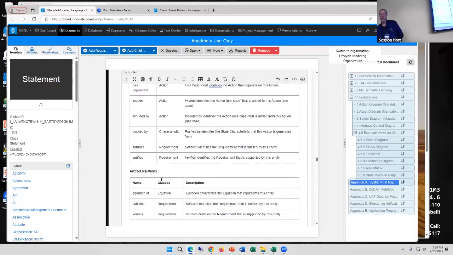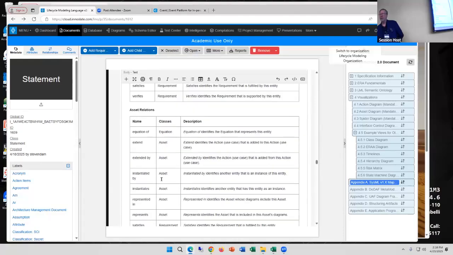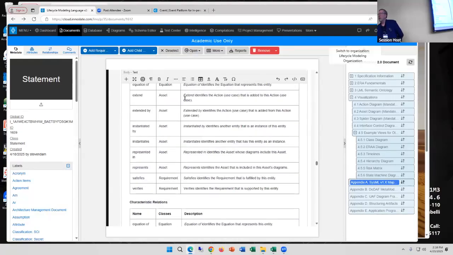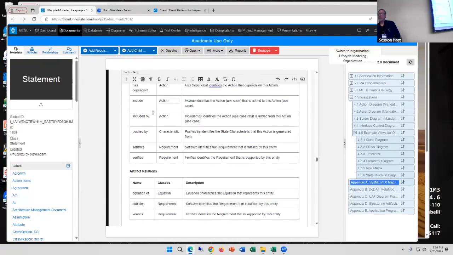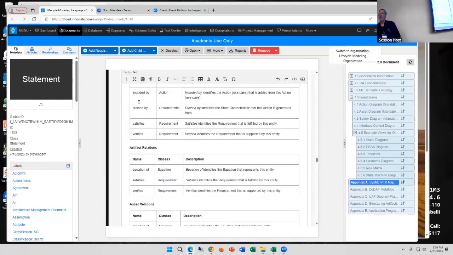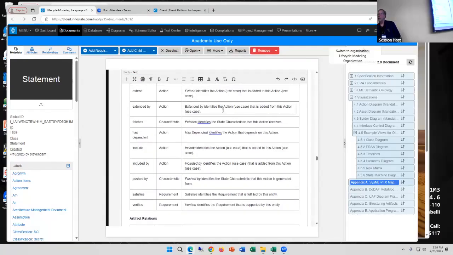So there were a lot of relationship changes adjusted for it. Some of which maybe we should adopt. I think we've talked about adopting satisfies and verifies and that kind of thing. I think that's probably a good idea. So again, this is always going to be a work in progress, and we want to make sure it's a good one as we go.